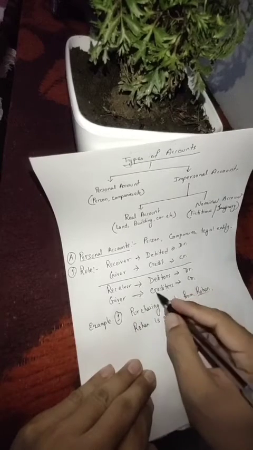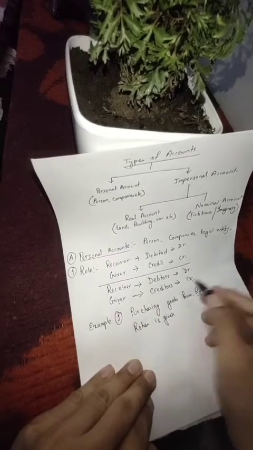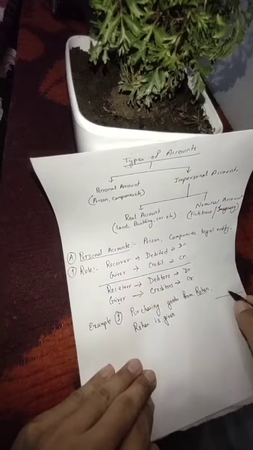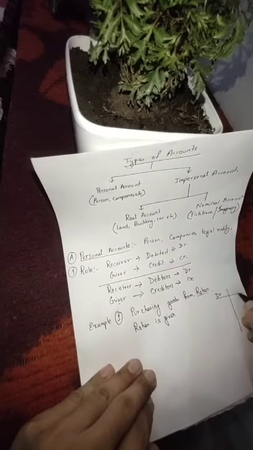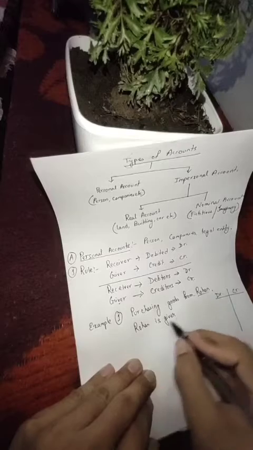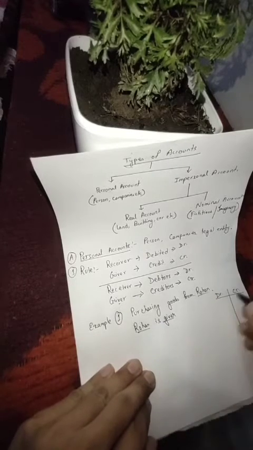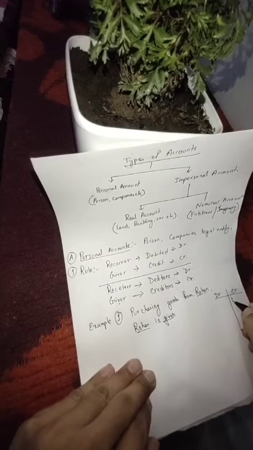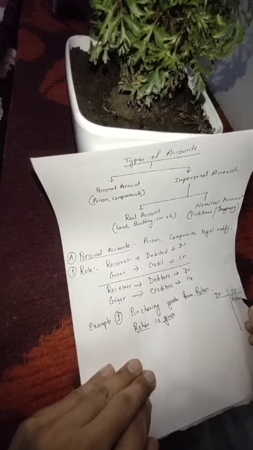Since givers are always creditors, and creditors are obviously credit items, we're going to put over here, this one is the debit item, this one is the credit item. Since Rohan is a giver and a giver is a creditor, we're going to put Rohan in the credit item.